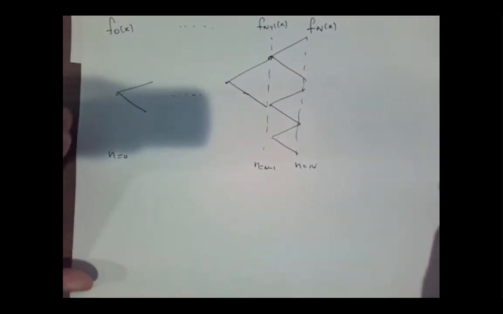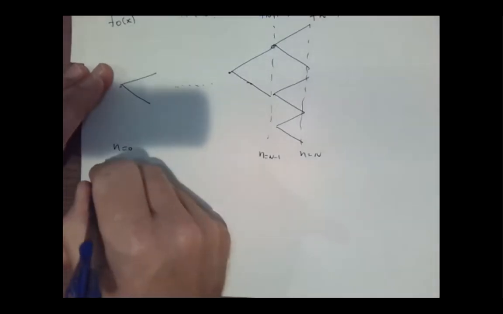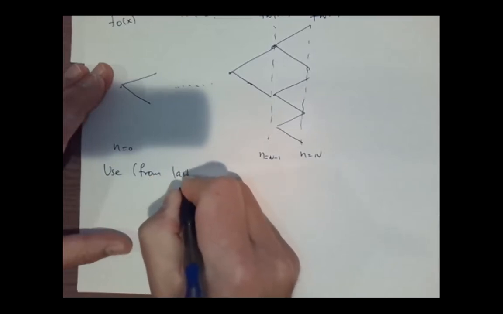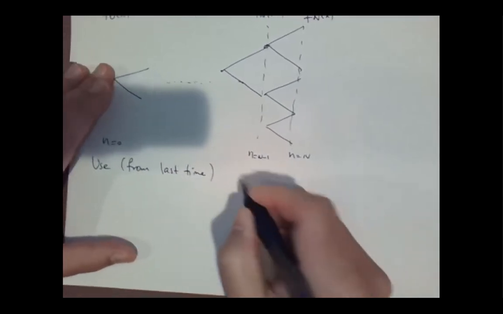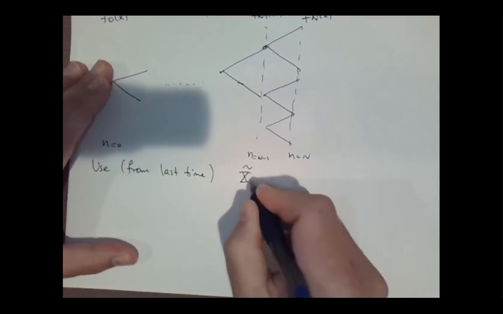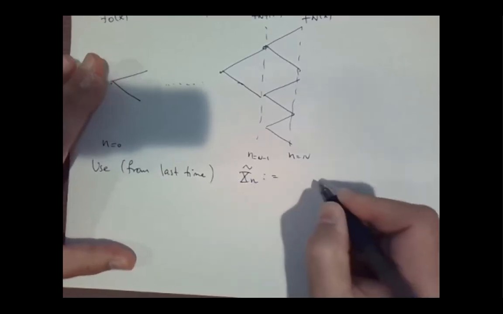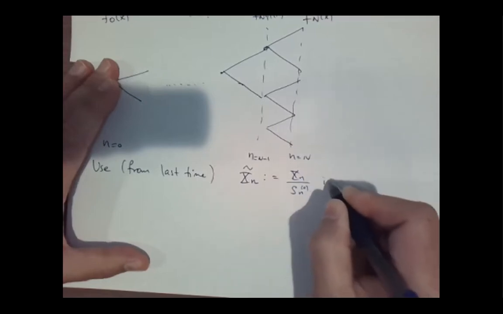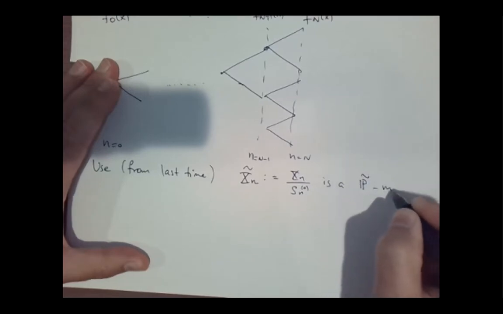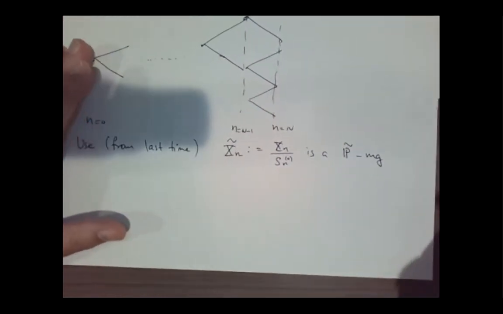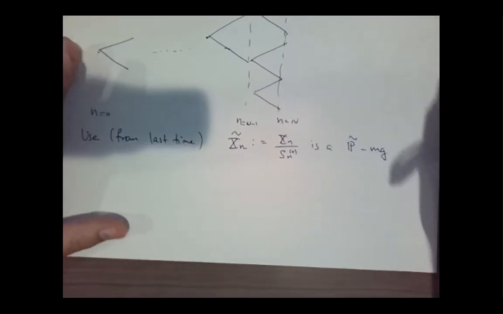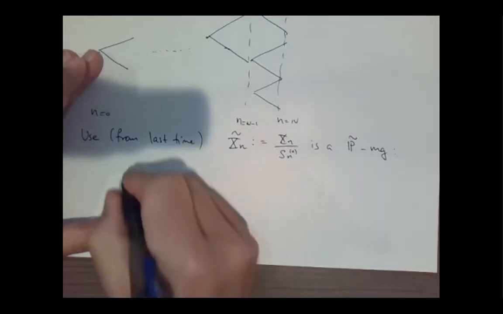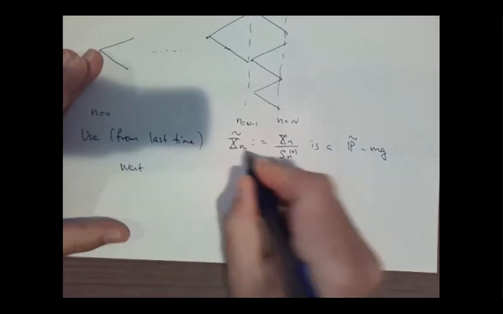Okay, and the way that we do it, this is from last time, we're going to use that X tilde n, which is defined to be Xn divided by the money market account, is a P tilde martingale. So what that allows us to do is, we want a wealth process.